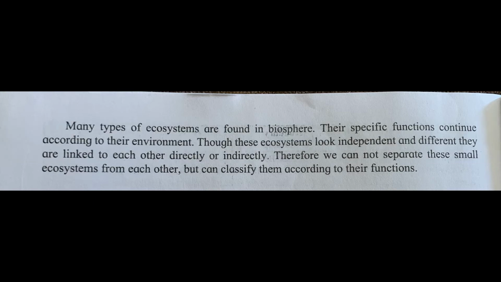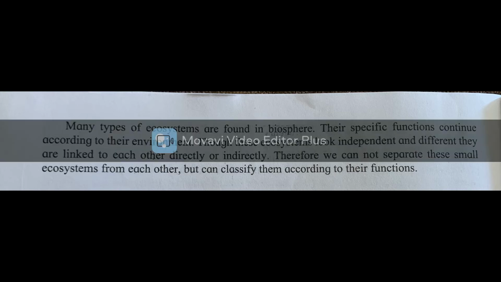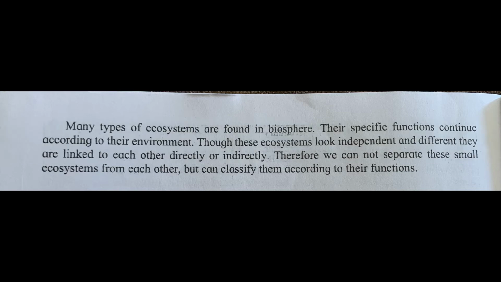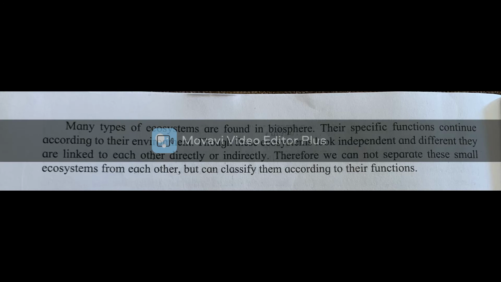Such large ecosystems are called biomes. Biomes contain many small ecosystems. Earth itself is a vast ecosystem. Two types of biomes are found on the earth: land biomes and aquatic biomes. In land biomes, there is the grassland ecosystem.